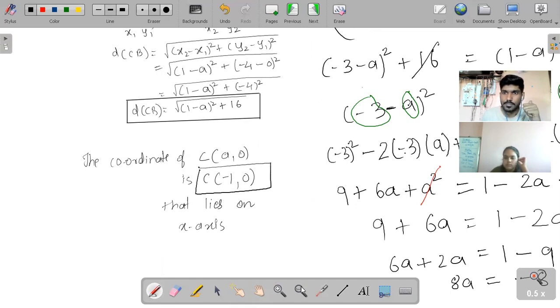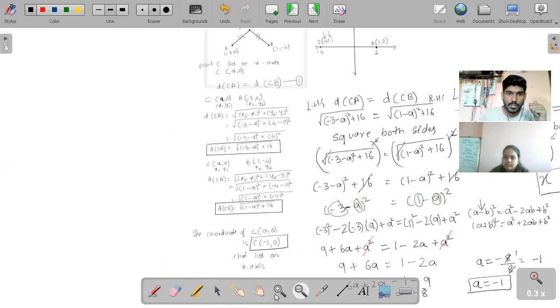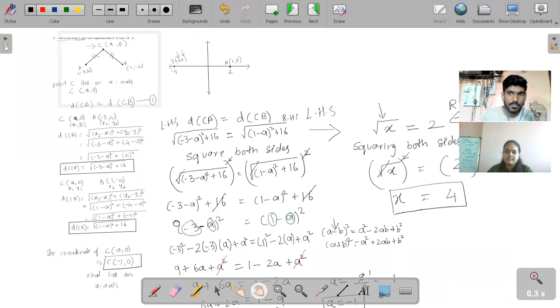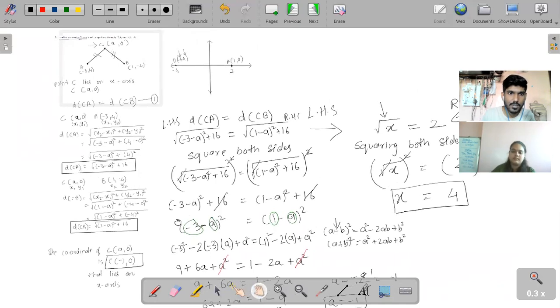Is this sum clear? Yes. Okay, so is it visible? All entire sum? Yes.